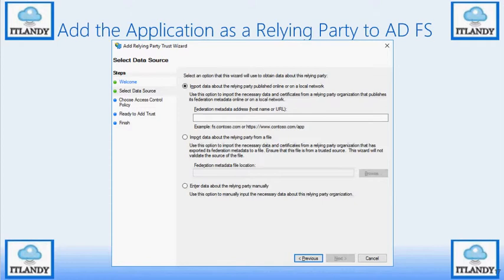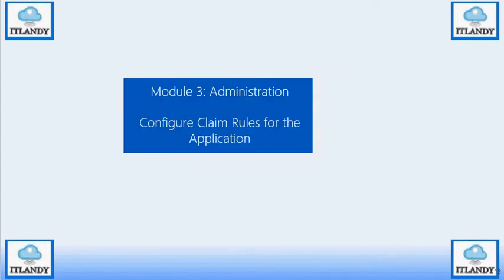Let's dive into claim aware and non-claim aware. We mentioned earlier we have two types, either claim aware or non-claim aware. Let's configure a claim rule for an application. Okay, let's start.